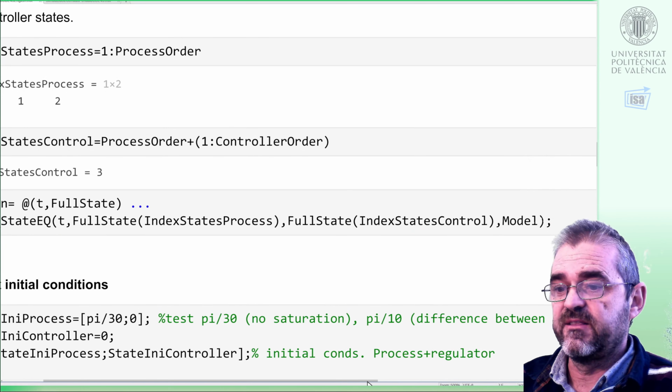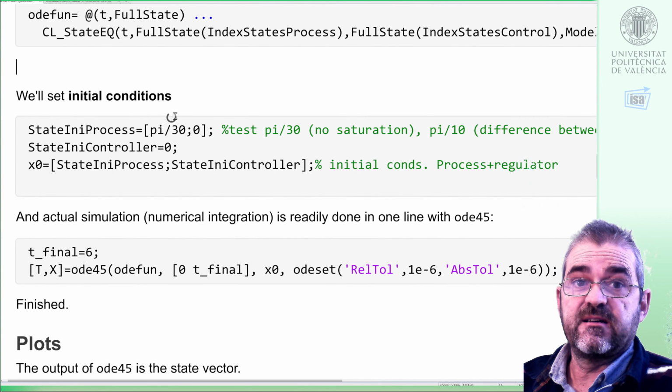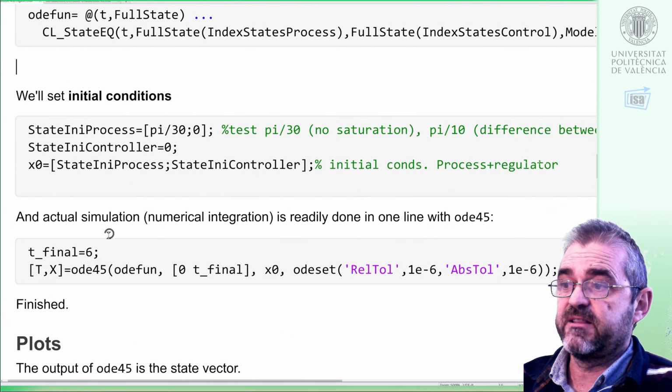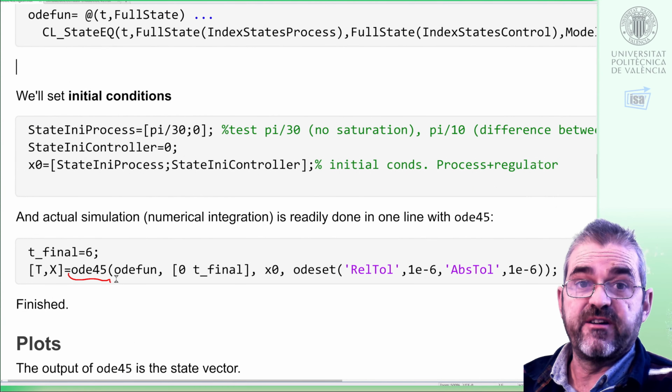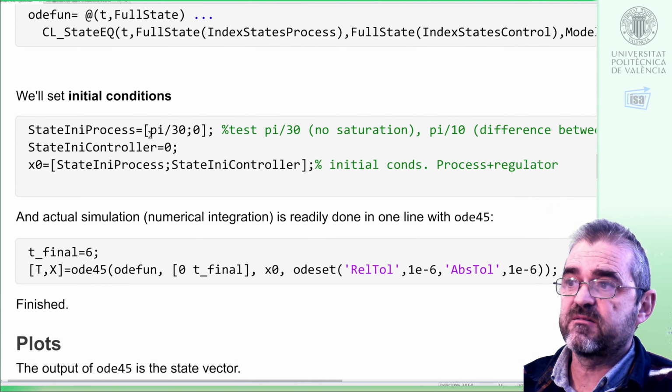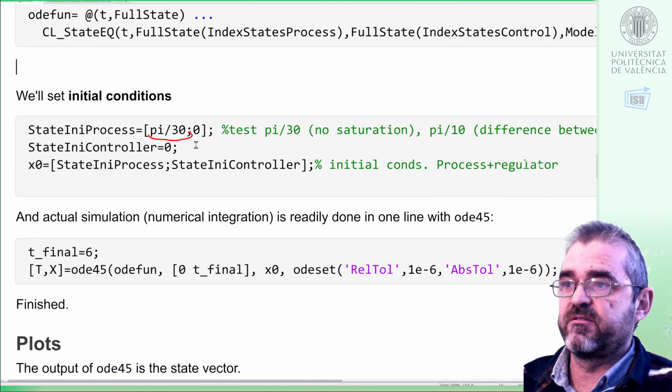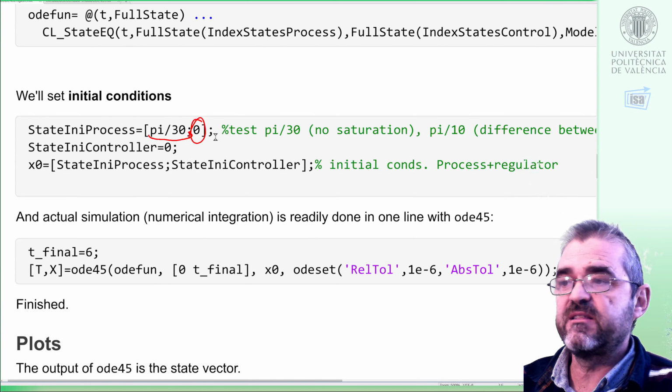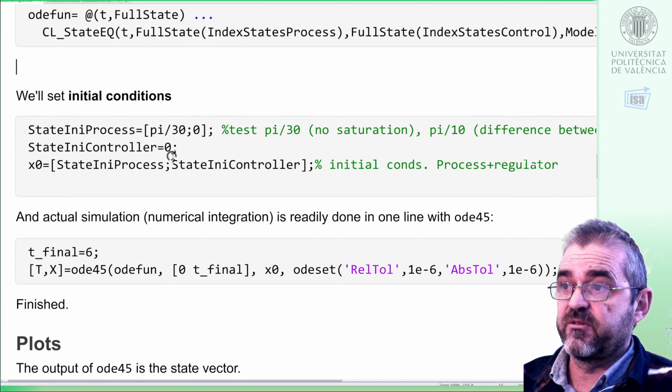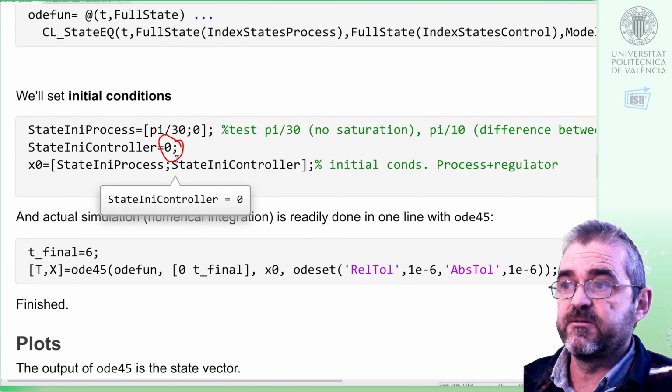So the remaining things are setting up initial conditions and calling the differential equation solver, ode45 for instance, to carry out the simulation. And that would finish. For instance, we can set up initial conditions for the pendulum states, position pi/30, let's say, and 0 speed, and the initial condition for the controller set to 0.